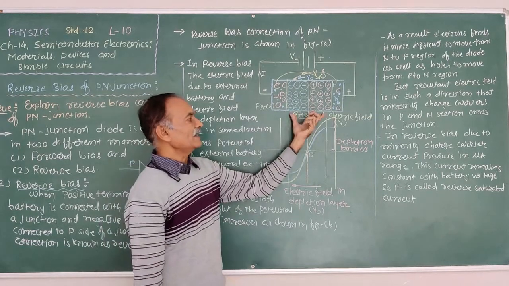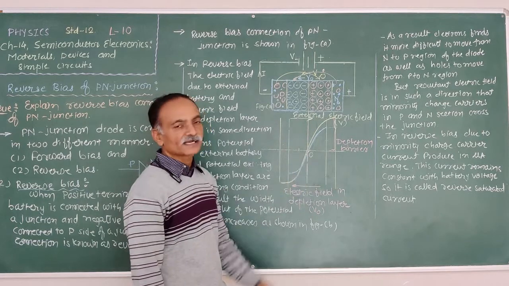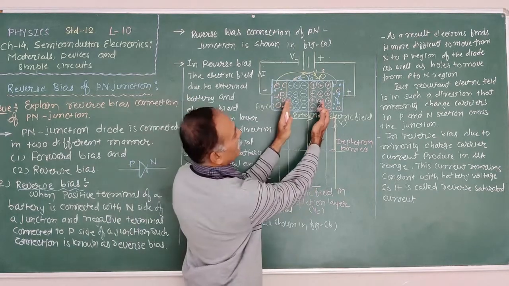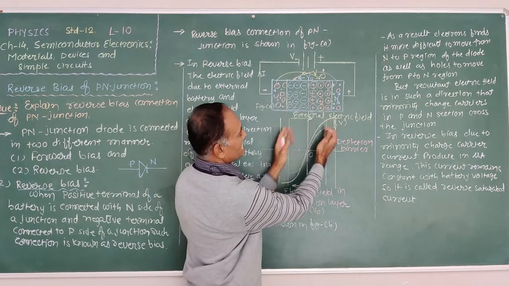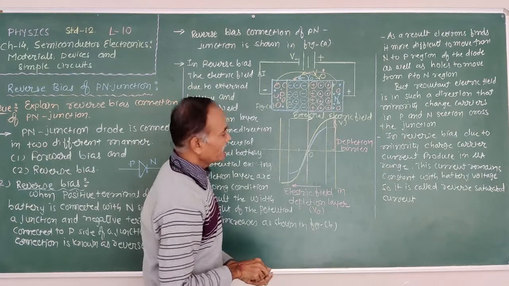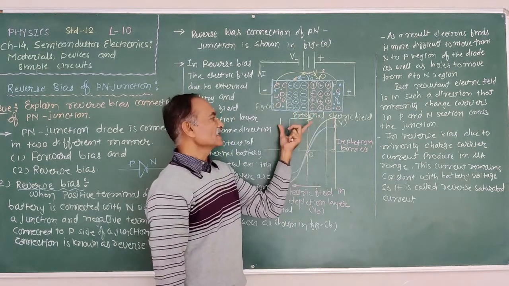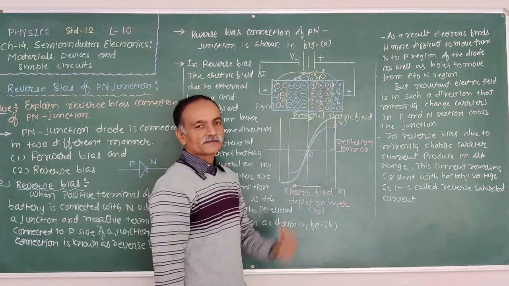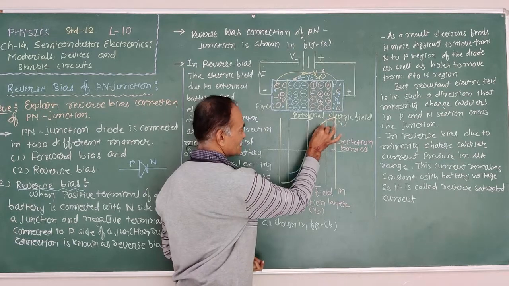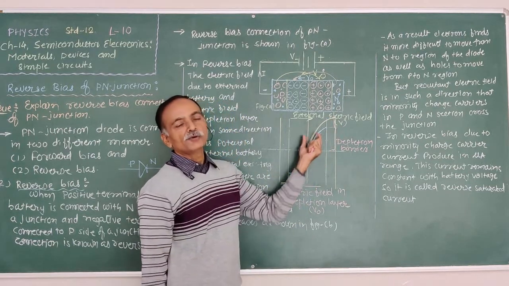Thus, the depletion layer and the height and width of the potential barrier increase. That is shown in the figure. Initially, the depletion layer has this width, shown by the green line. Now, in reverse bias, the width of the depletion layer increases, shown by the yellow line. Therefore, the potential barrier is also increased compared to the potential barrier with no connection.